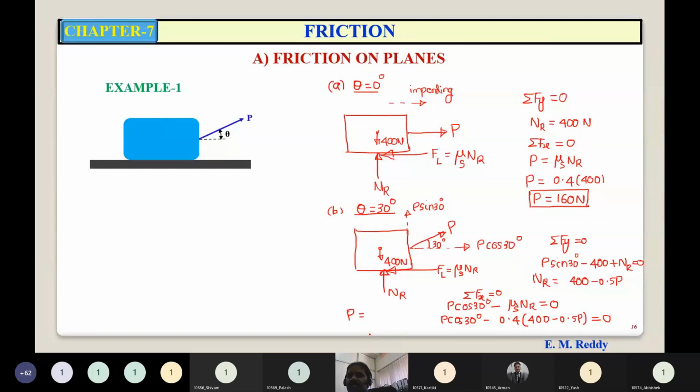It should be less than 160, because the force P is acting upwards, so the normal reaction will be less. Yes, sir. So it is 150. 150.1. Okay.